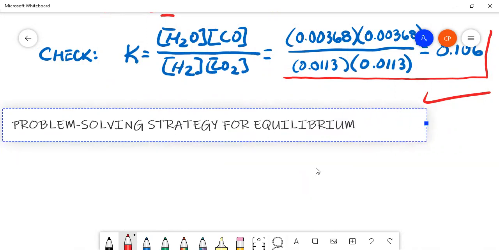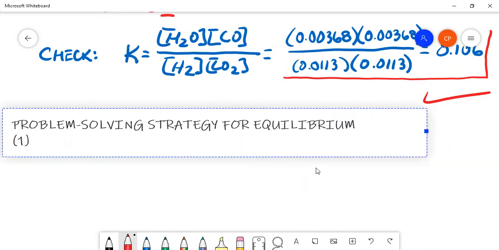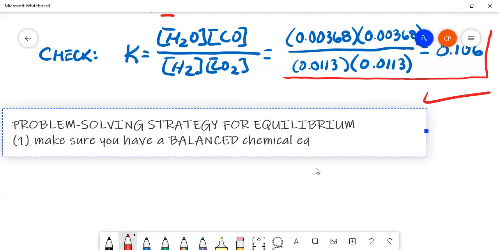I'll put out several steps that you need to make sure you've done each time you do an equilibrium problem. Most problems will give you a balanced chemical equation up front.